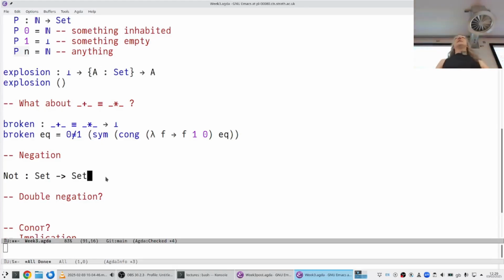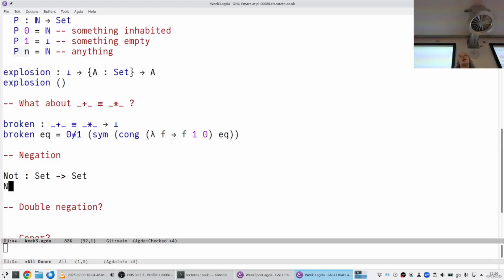we're interested in, if we think of X as some logical statement, if we want to cook up the idea of what it means for X to be false, the suggestion here is that we can define the logical negation of X as being functions from X to the empty type.